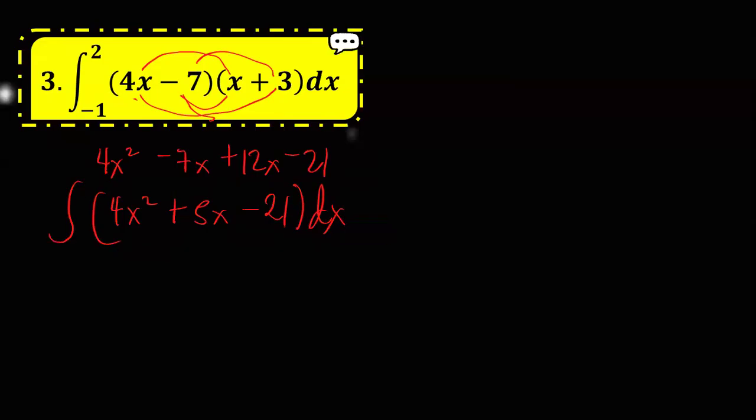So that becomes 4x cubed over 3 plus 5x squared over 2 minus 21x.